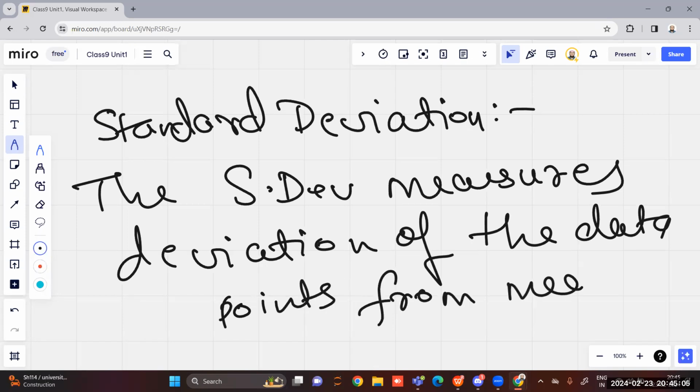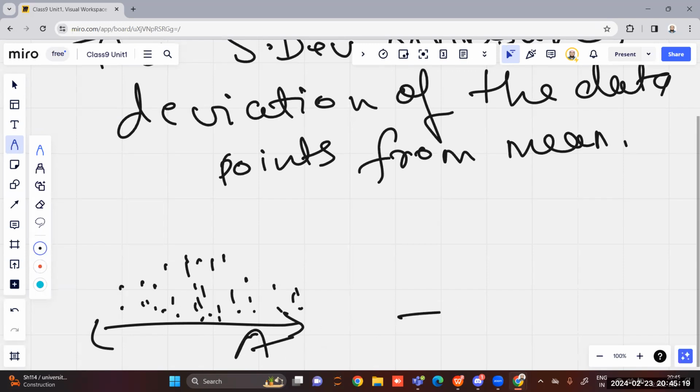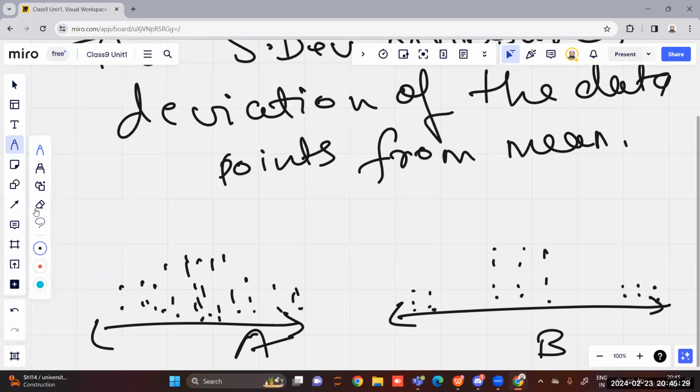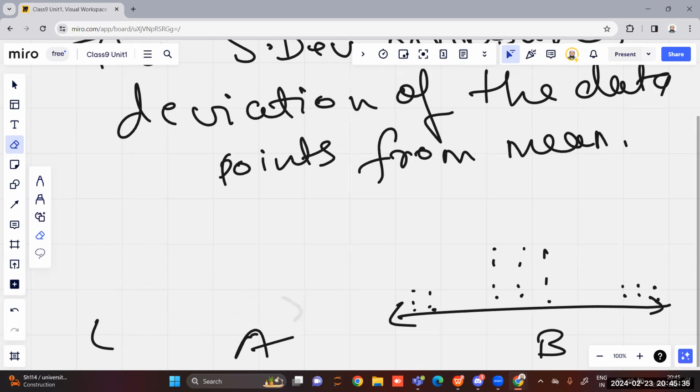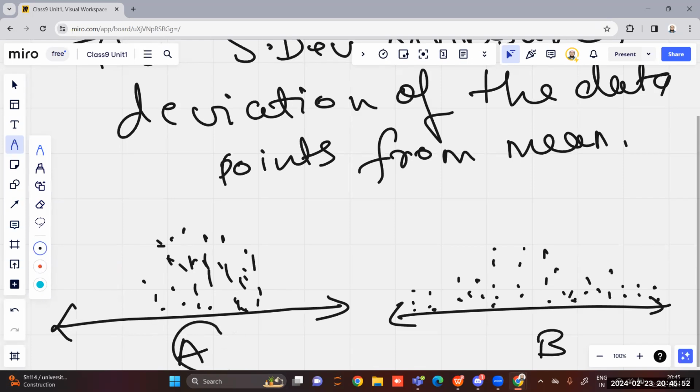This was the thing, and I have given you an example of a graph. See here, I have plotted the dot plot in this case, and this is graph A, you may say, and this is graph B. Where will the standard deviation be more, in graph A or in graph B?